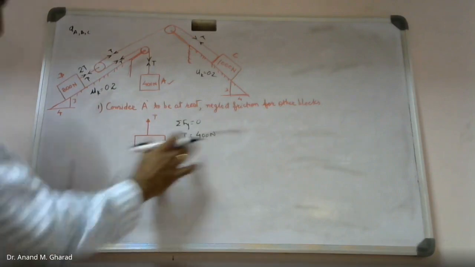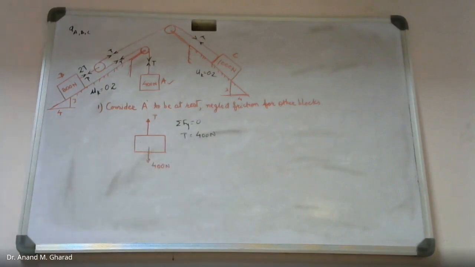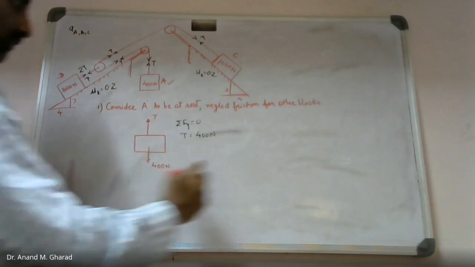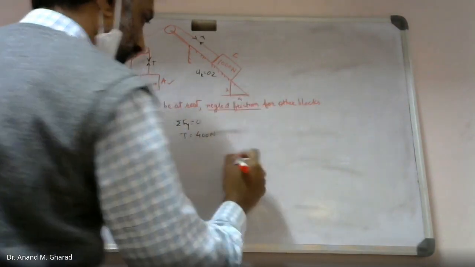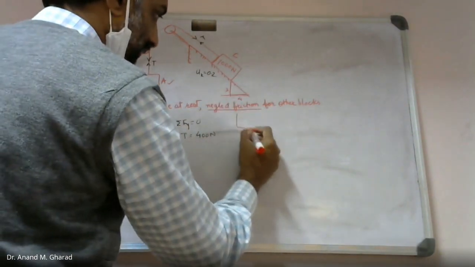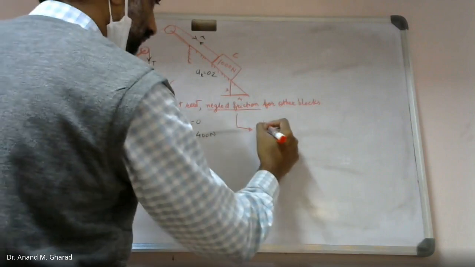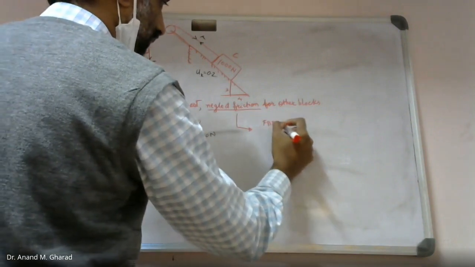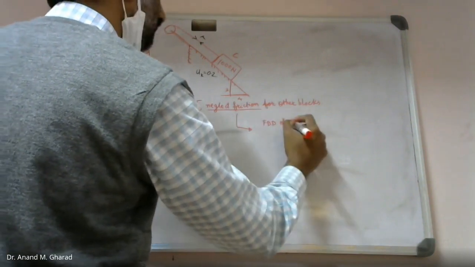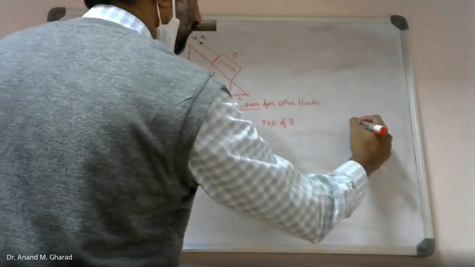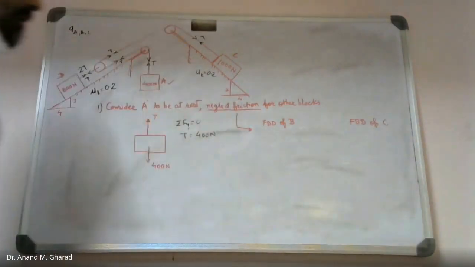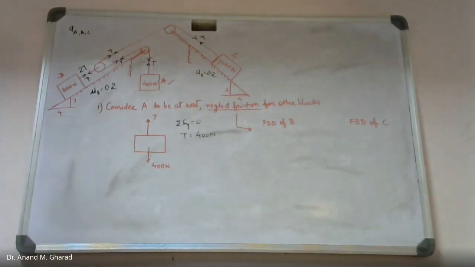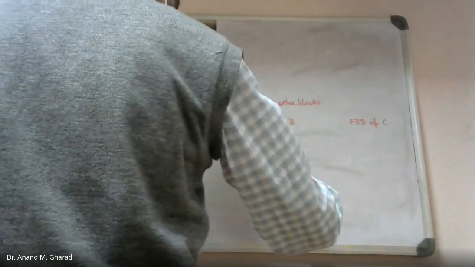Now, based on this situation, can I not say that if I draw the free body diagram, and what I am saying, I am neglecting the friction. For that, I will draw the free body diagram for, let's say, B, and then FBD of C. Okay? Let us attempt that.